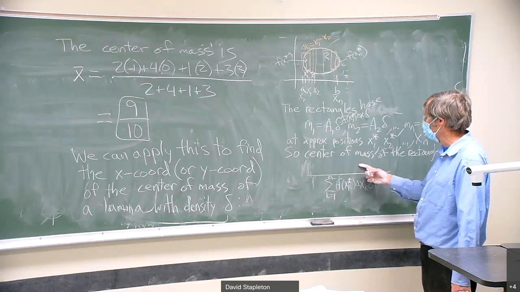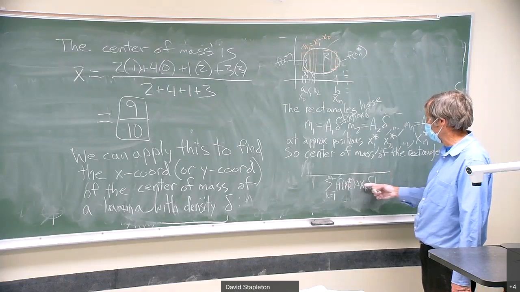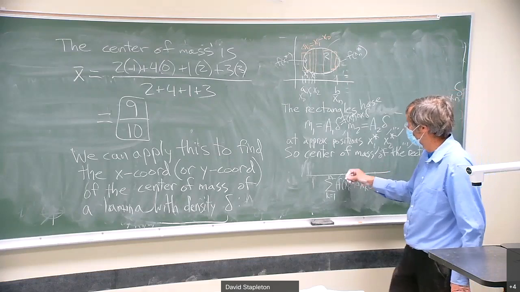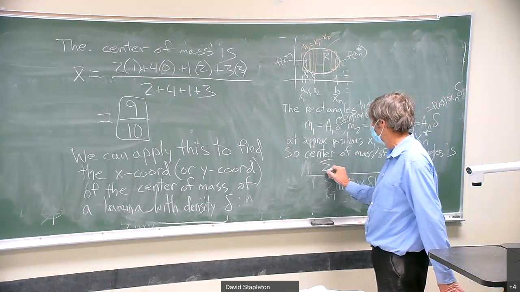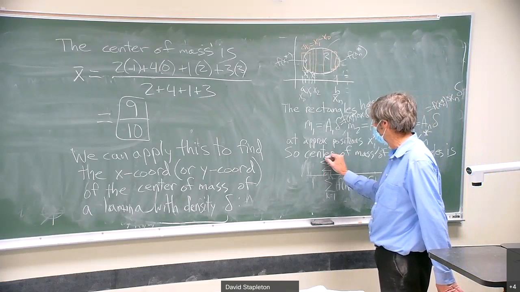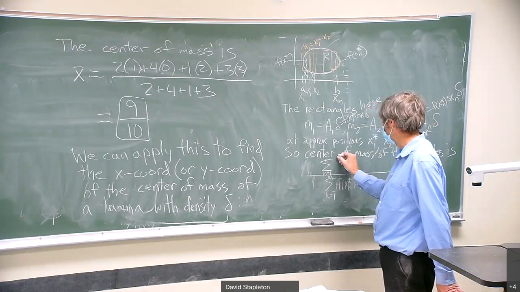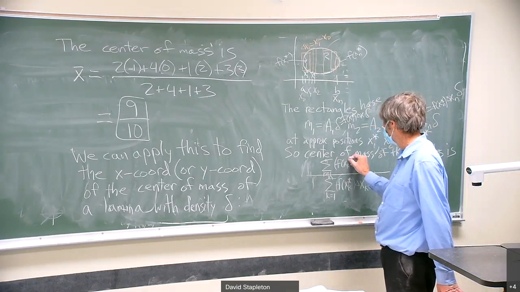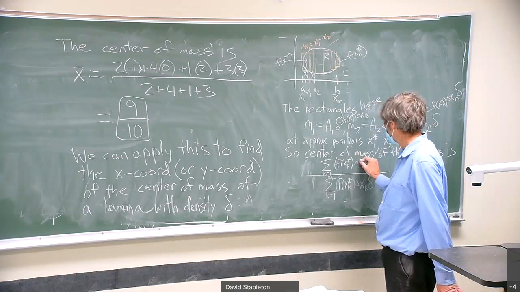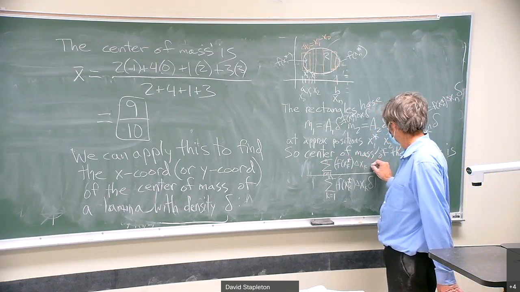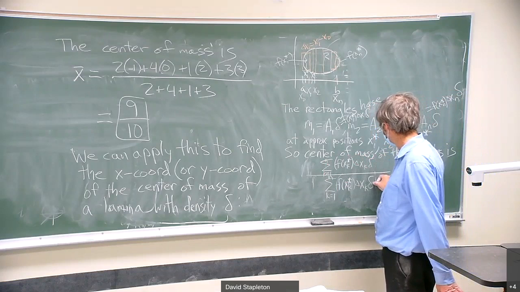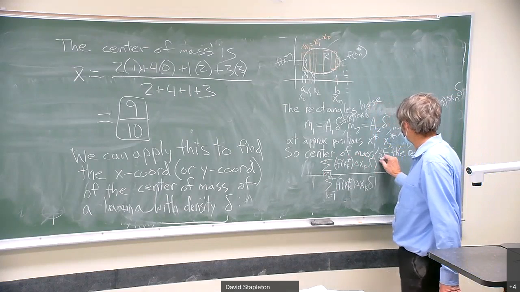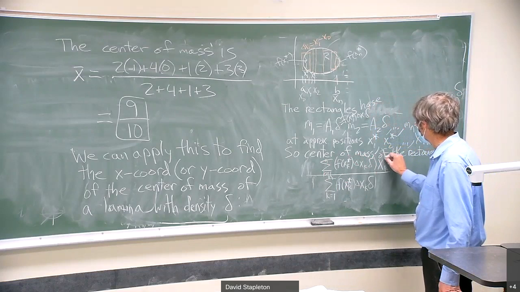Now, what do we put on top? There we have to put each of these same masses, each multiplied by the position. So we'll put the sum k equals 1 to n of the mass f of xk star delta xk, little delta, times the position xk star.